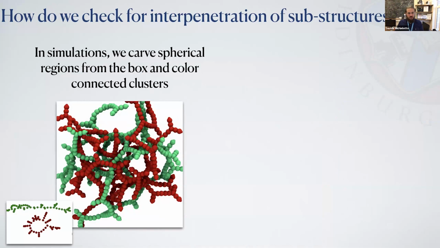For instance, you can take the simulation, carve a sphere out of it, and then color the connected components. And what we found is that indeed you can color two independent components, the green one and the red one. These are two disjoint networks, which at large enough scales will connect again through other paths. But in a small section of the simulation, they are completely disconnected.